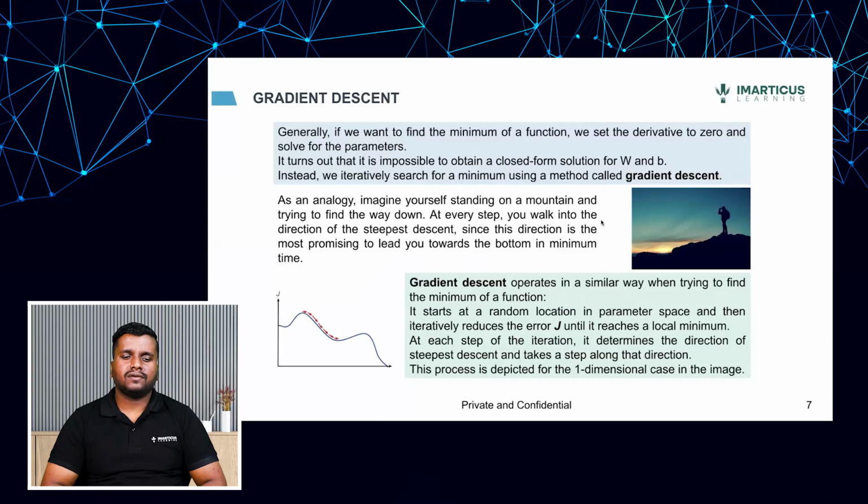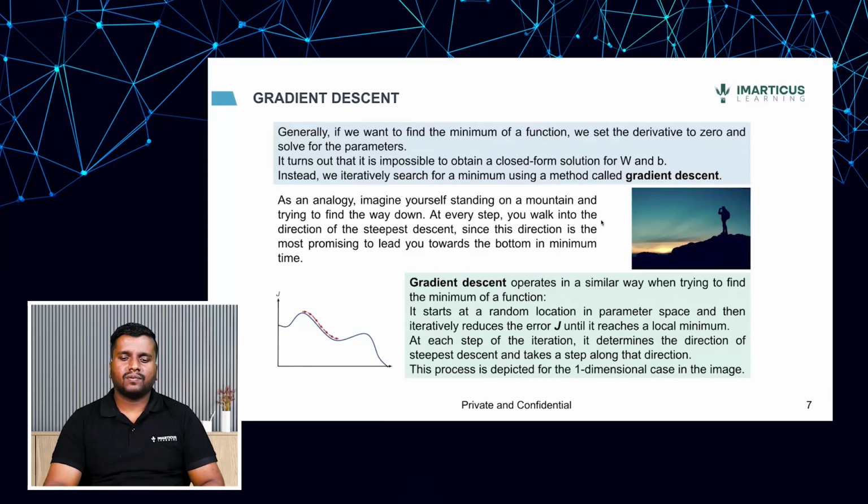As an analogy, imagine yourself standing on a mountain peak and trying to get to the bottom. At every step you walk in the direction of the steepest descent, since that direction is the most promising to lead you towards the bottom in minimum time. So gradient descent is all about finding that direction in which we have to move forward.